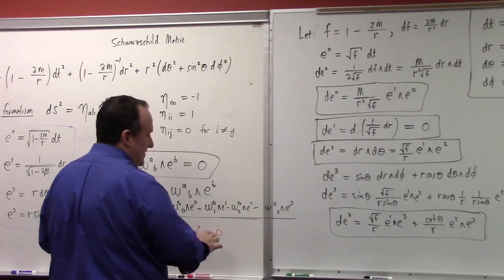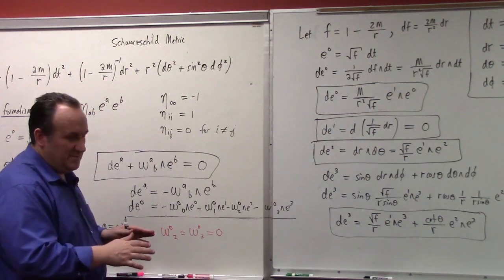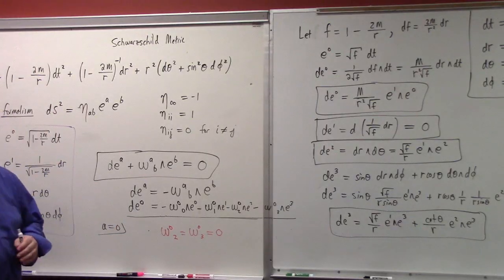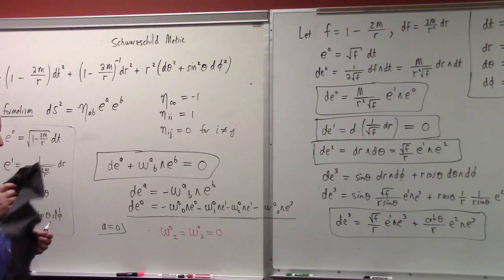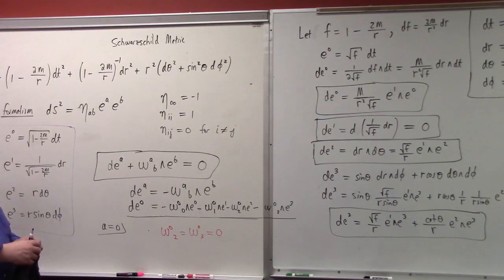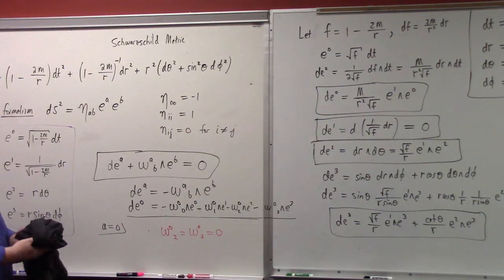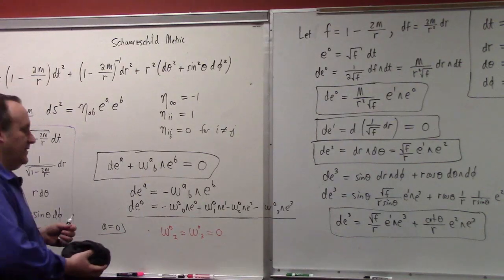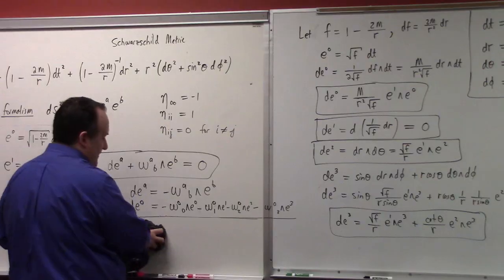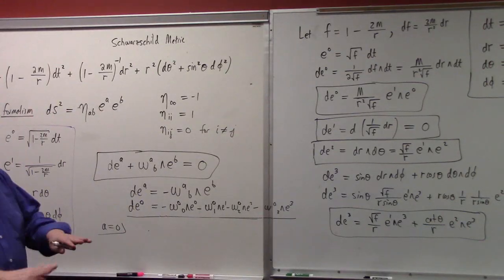Listen, here's the way I solve these kinds of problems: I don't rigorously derive them. What I do is I look for a solution, and if I can find a solution, I just make everything else 0.